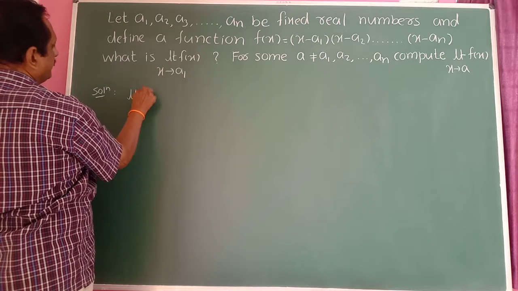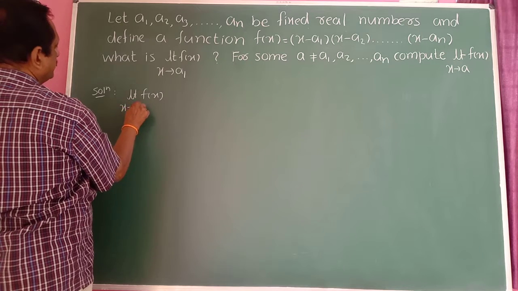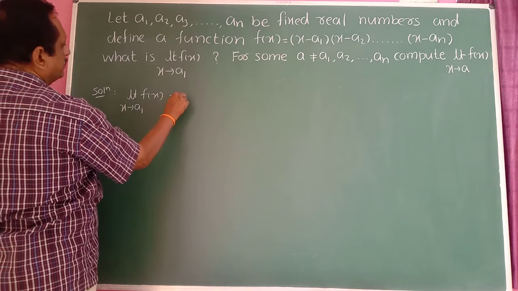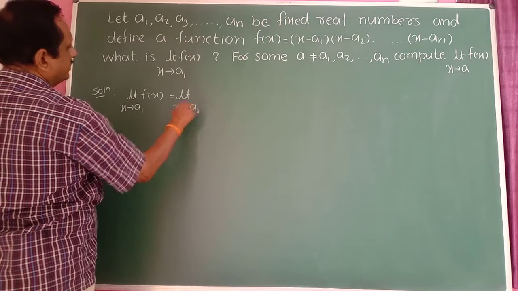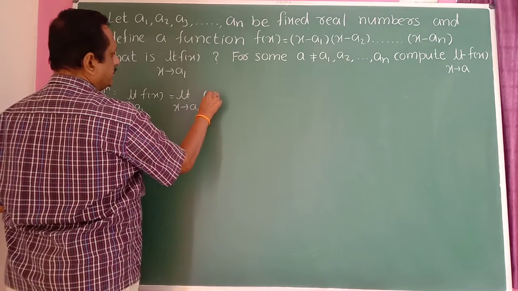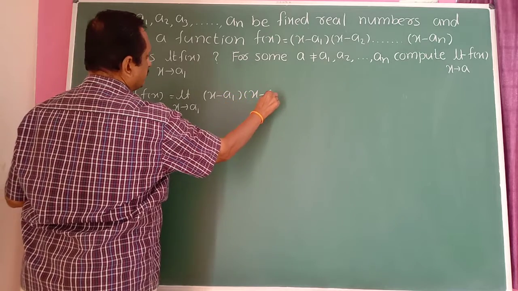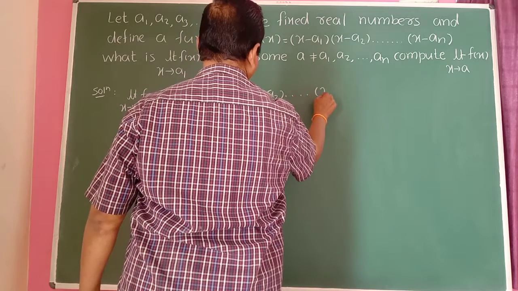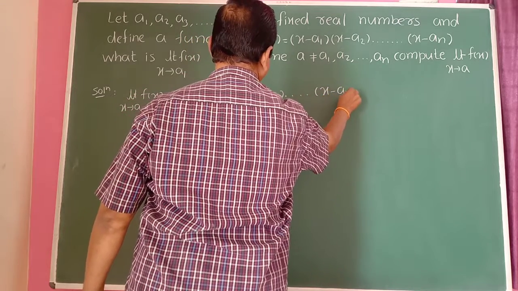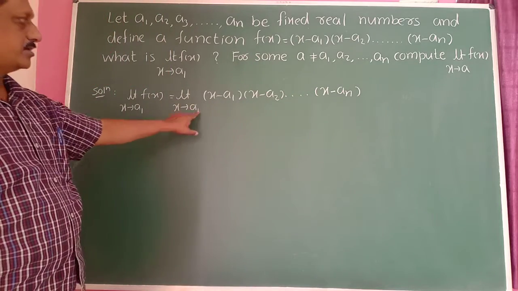Limit of f of x as x tending to a1 is equal to limit as x tending to a1 of (x minus a1) into (x minus a2) into ... (x minus an). Now directly substitute x equal to a1.